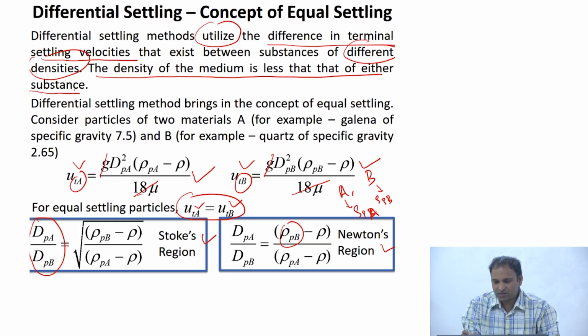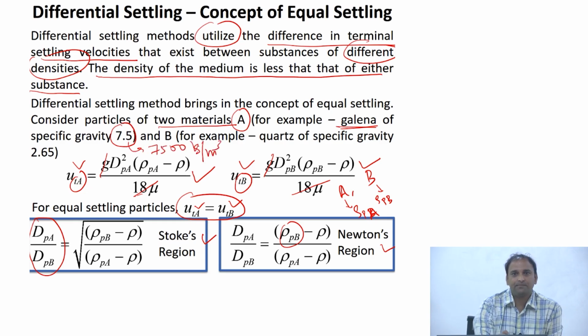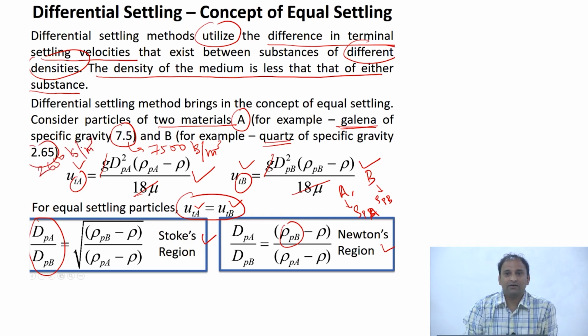Say that I have two particles. Say A is something like galena, which is one of the ores, whose specific gravity is 7.5. That means the density is 7500 kg per meter cube. Let's look at quartz. It has a specific gravity of 2.65, so 2650 kg per meter cube is the density.